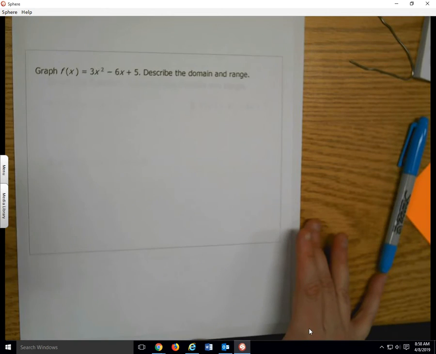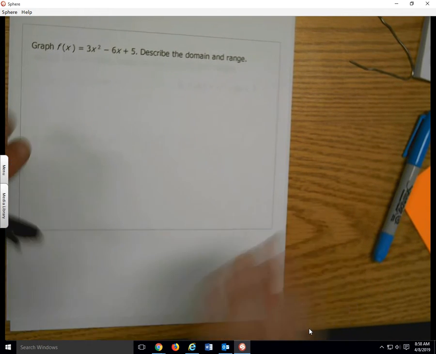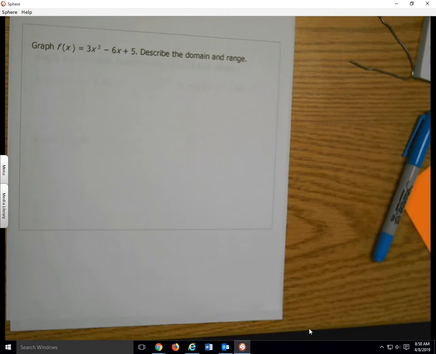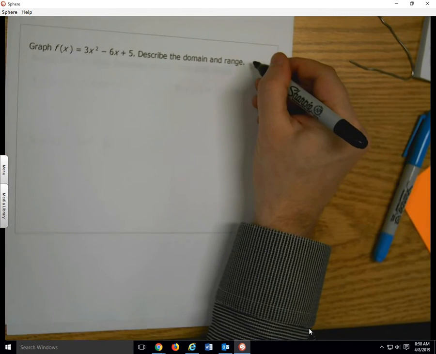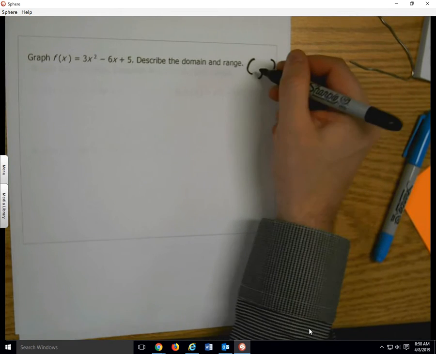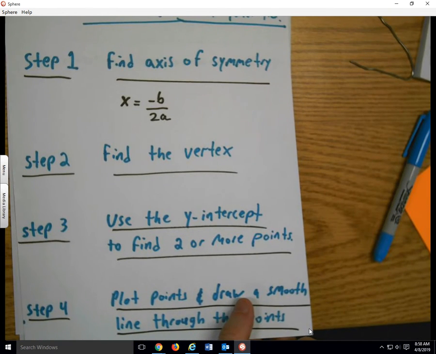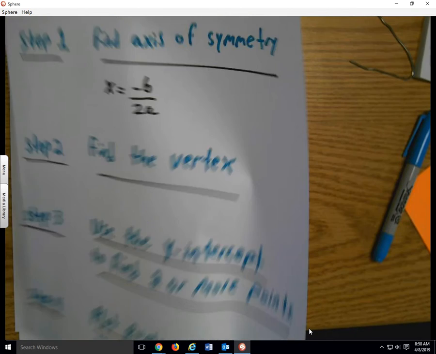It says describe the domain and range, and it gives us a problem. So the first thing we want to do is find the x value, and then we will find the y value. And we already talked about finding the x value is just finding that axis of symmetry here. Find the axis of symmetry. Use this formula. So that's what we'll do.